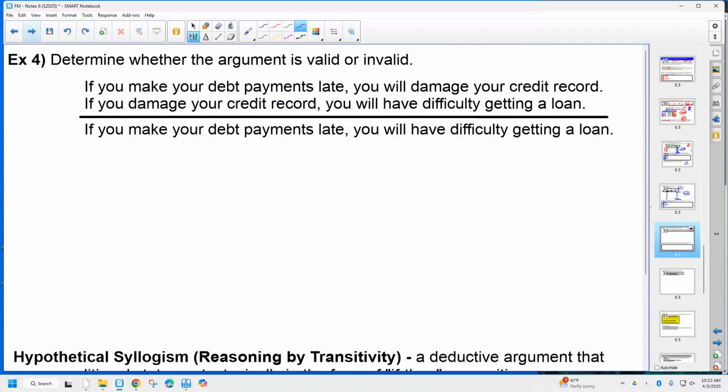Number 4, determine whether this argument is valid or not. If you make your debt payments late, you will damage your credit record. If you damage your credit record, you will have difficulty getting a loan.